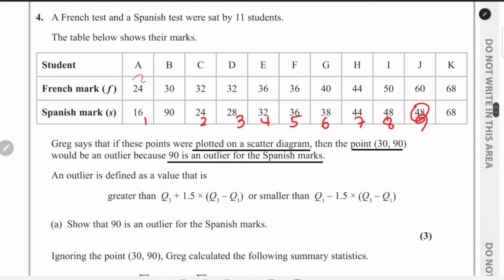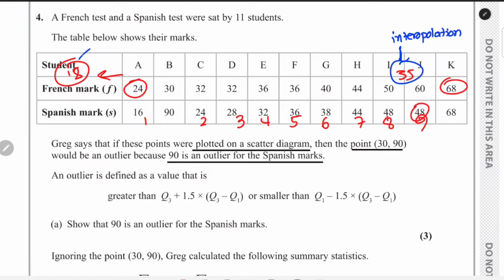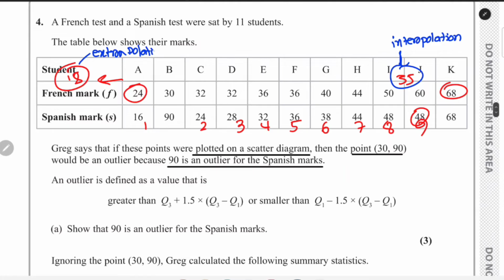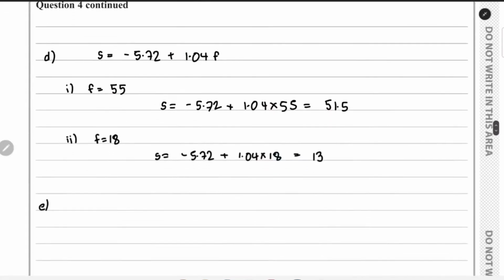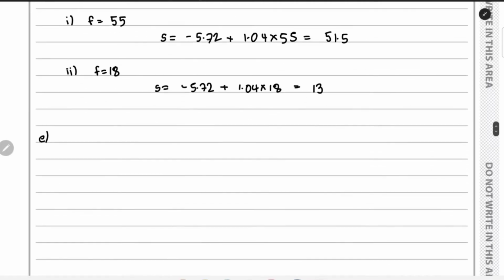The lowest mark in French was 24 and the highest was 68. So 55 is somewhere in this range, but 18 is outside. So for 55, we'll use interpolation, whereas for 18, we have to use extrapolation. Interpolation is always more reliable than extrapolation.